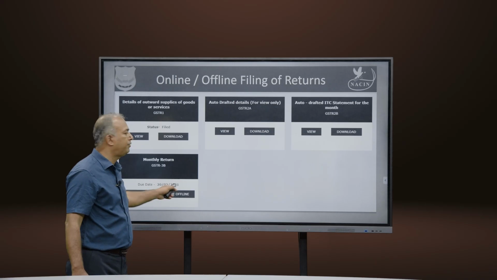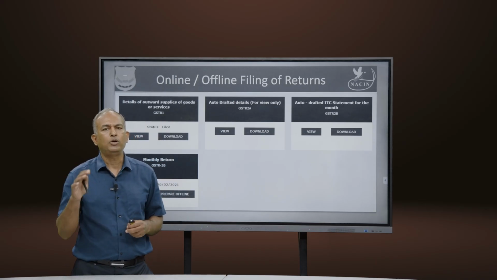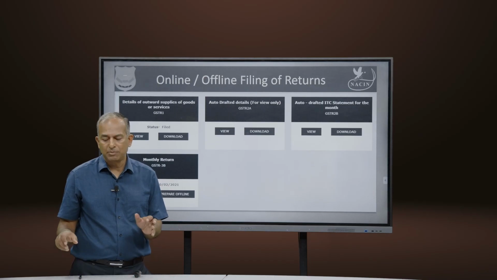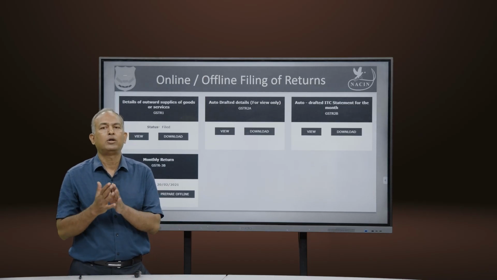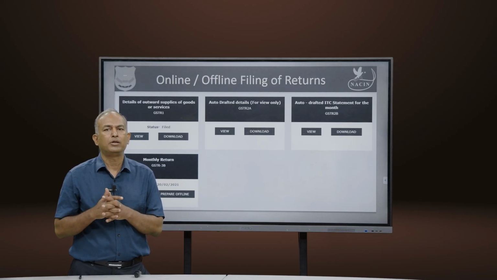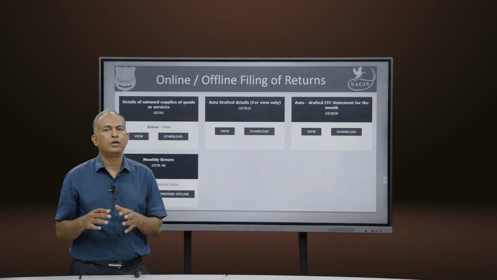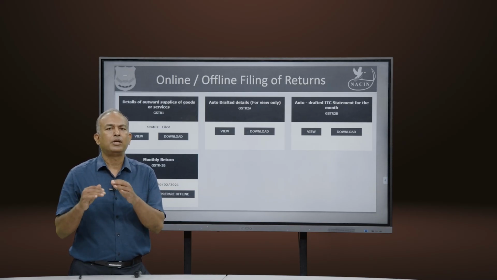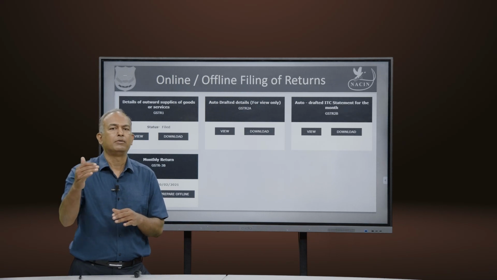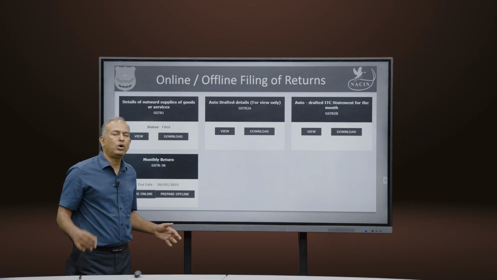If the GSTR1 is an online one, you need to remember the example I used yesterday, where I said I had 1,000 invoices. If you want to use the online method of filing, at least for GSTR1, then if the number of records exceeds 500, the system does not allow you to use the online method. You have to use an offline one.